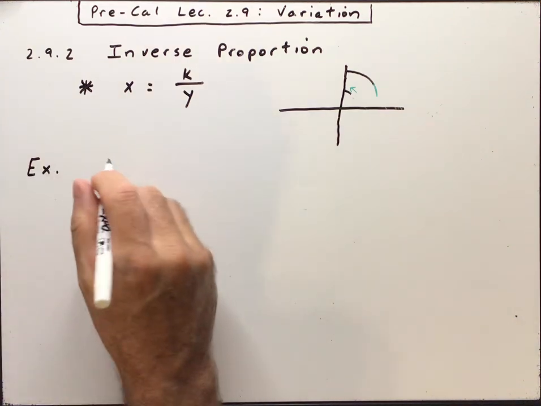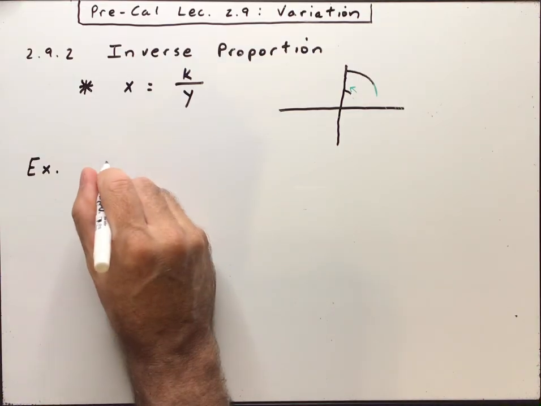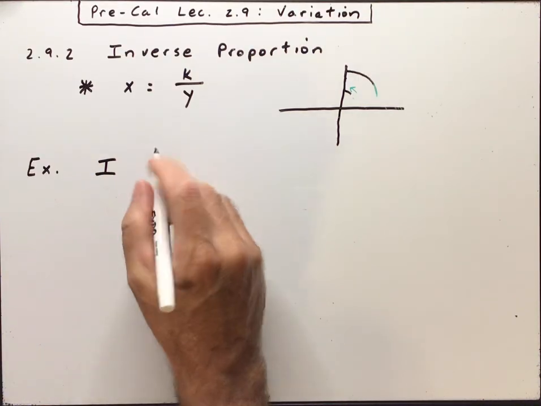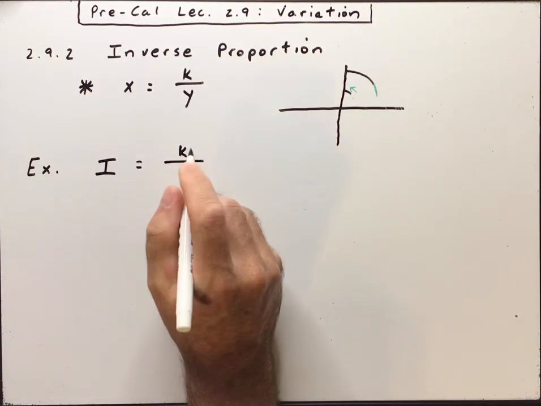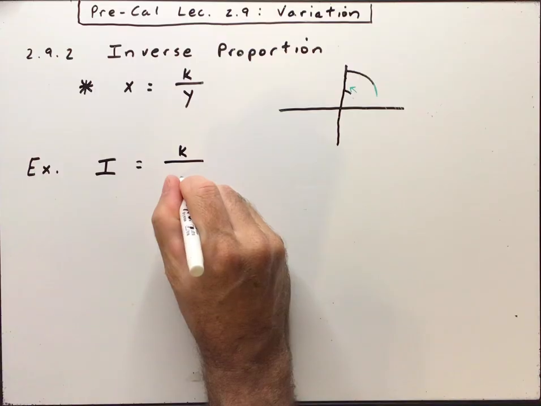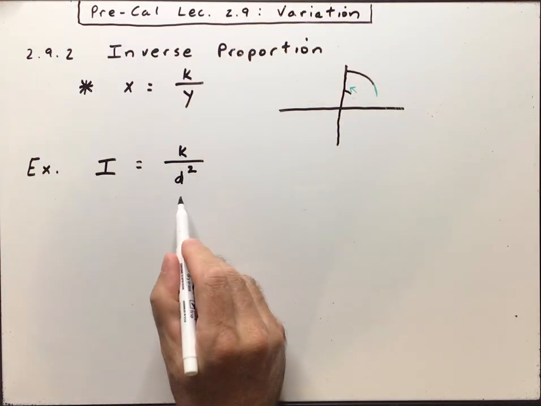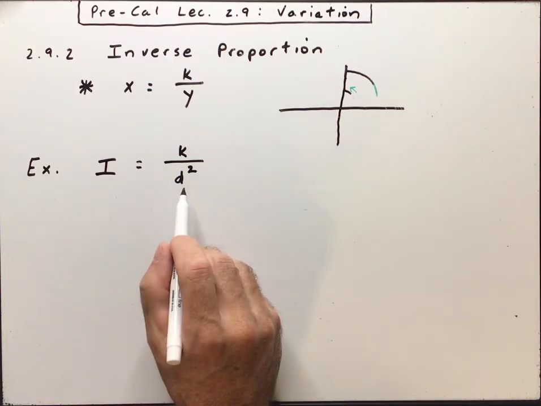Reading left to right, it says illumination, so let's use I, varies inversely, so K would be on top, with the square of the distance. Let's say distance is D, and we square that. So we've got an equation in inverse form.